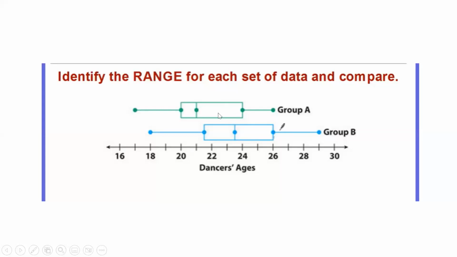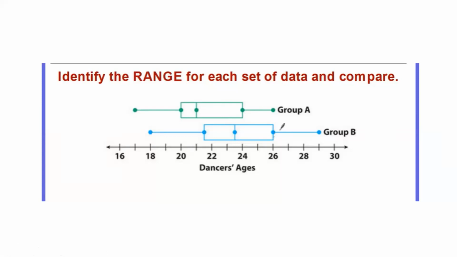So that means there is high variability in the data set. Between Q3 and Q4, which is the maximum, there is also a little bit of variability.